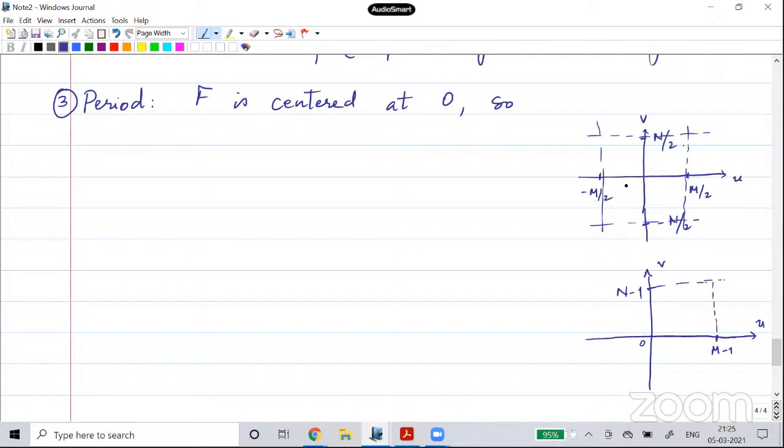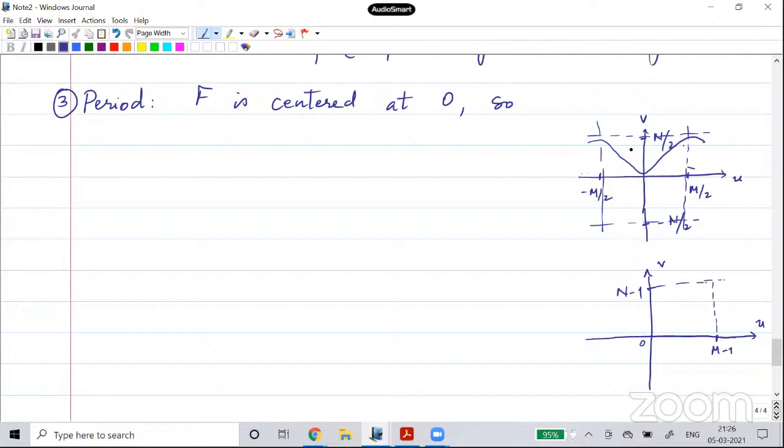The reason is that if you have something centered at the origin, say this kind of function, then this is fine. But on the other hand, if you are looking at a function which is what happens quite often.